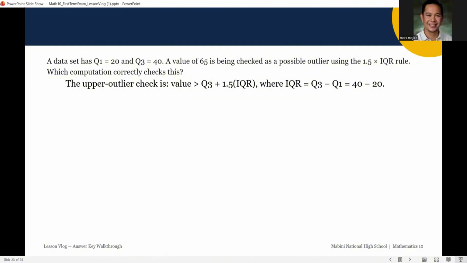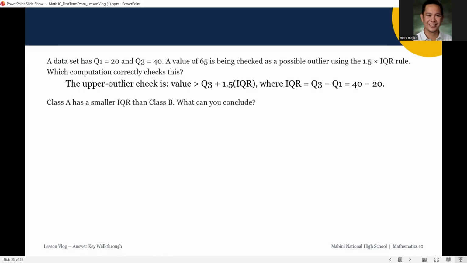At yung ating quartile 3 is our upper fence. So since kinumpute natin where IQR natin is quartile 3 subtract quartile 1, lumalabas na yung value natin na 65 is greater than quartile 3 plus 1.5 multiplied by the IQR. Meaning, meron tayong upper outlier na lumalabas dito.